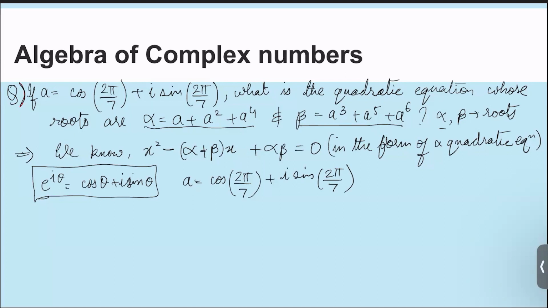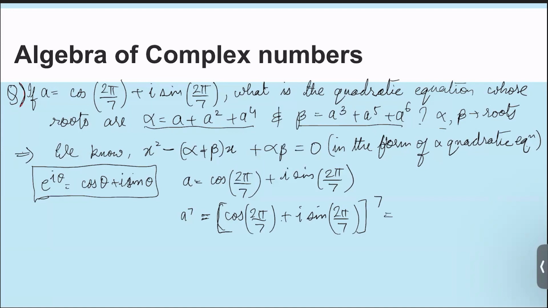If you write it in terms of the power of a, suppose you write a to the 7, you have cos 2 pi by 7 plus i sine 2 pi by 7 raised to 7.